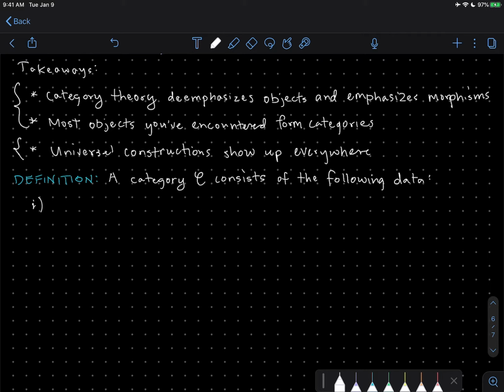First, a set of objects written ob C. As shorthand, if little c is in ob C, we write that little c is in C and refer to c as an object of big C.